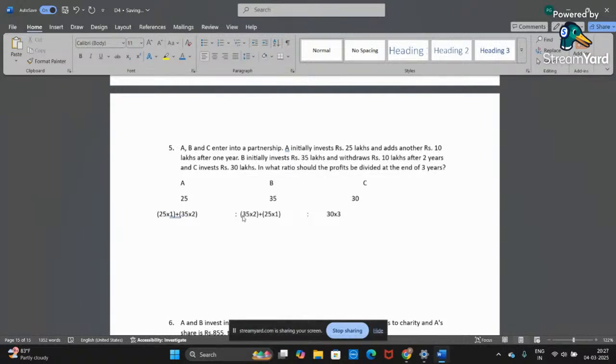So now let us calculate. 25 into 1, it is 25 plus 70 is to 70 plus 25 is to 90. So it is 95. Here it will be 20 plus 25, it is again 95.